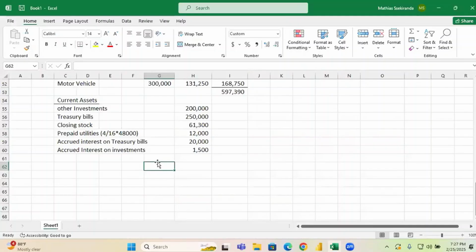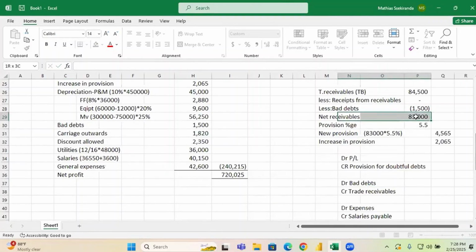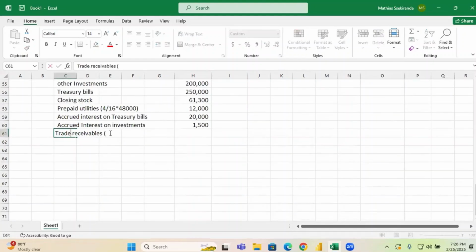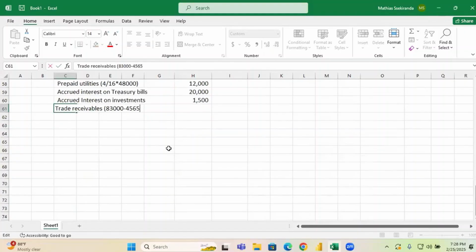Lastly, I think we have the trade receivables. Now this is where you have to pay some attention. The trade receivables we bring here are the net receivables, net of the current provision. The net receivables we had gotten is 83. End of year receivables are 83 because we listed the bad debts. So you bring the 83 here, but still you less the current provision, which is 4,565, minus 4,565.